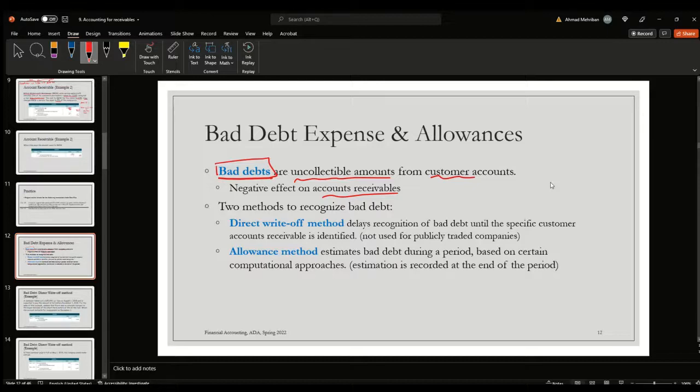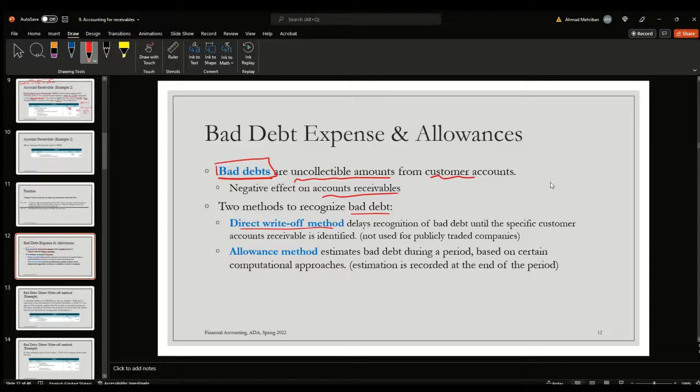Now there are two methods to recognize the bad debt that any retail or even service company might experience from customers. There's the direct write-off method, which basically means you don't make any assumptions about how much of your total sales you might not receive.